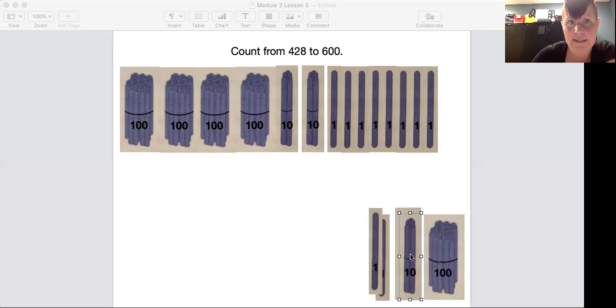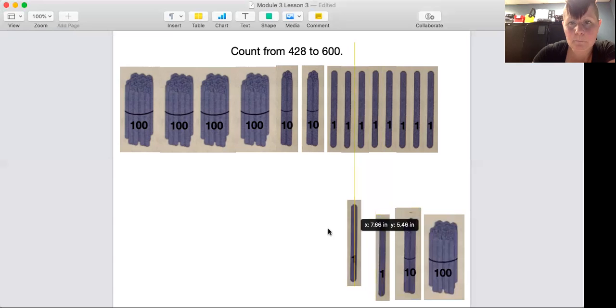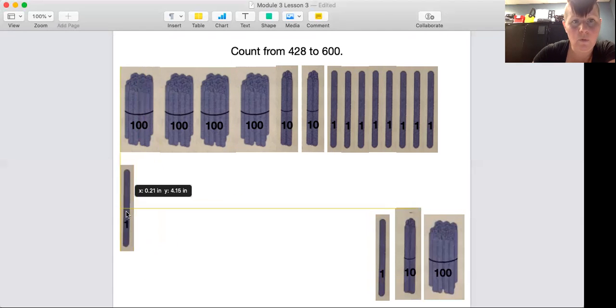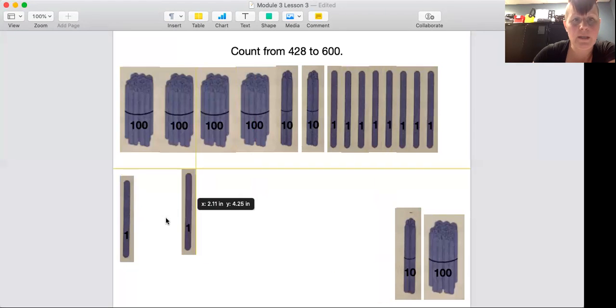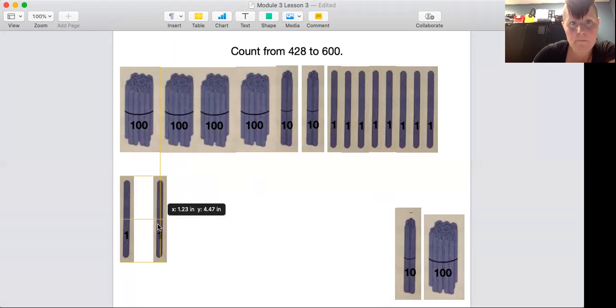So I have all my sticks down here. So this is 428. So then if I add one more, it's going to be 429, 430. And what might be helpful also is if you write the number below it.